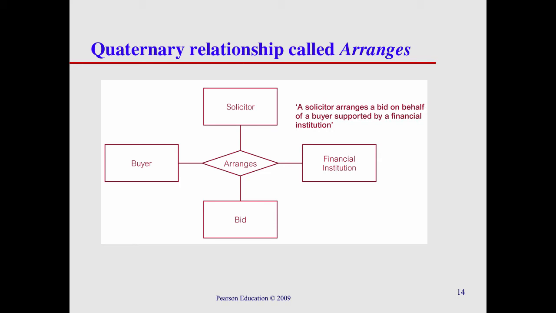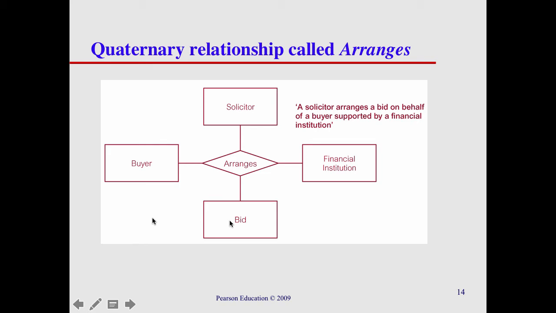Maybe J.P. Morgan is the financial institution. Maybe Goldman Sachs is the solicitor. I'm the buyer making a bid for some company. In fact, the company probably would, although the book said bid, probably what it really would be is bid would probably be here, and company would really be what's down there.